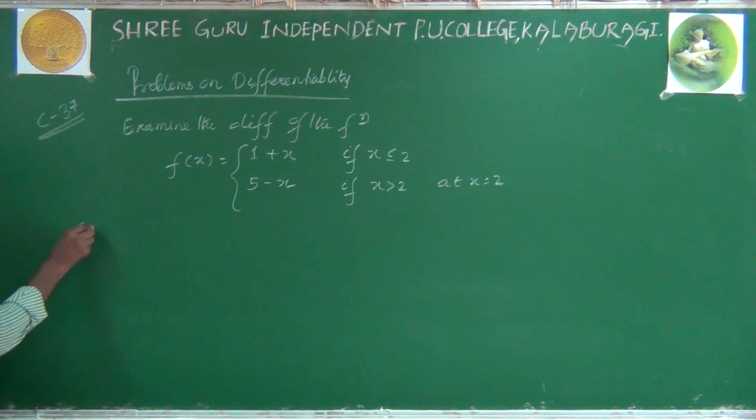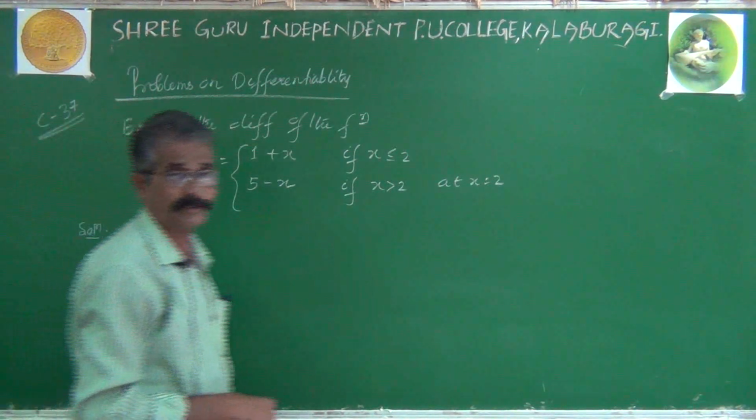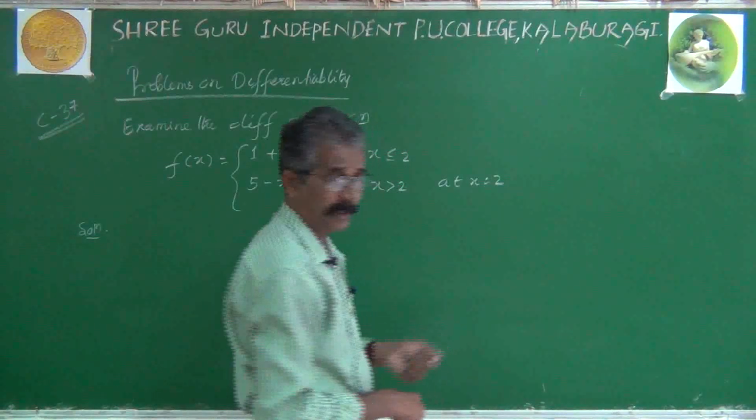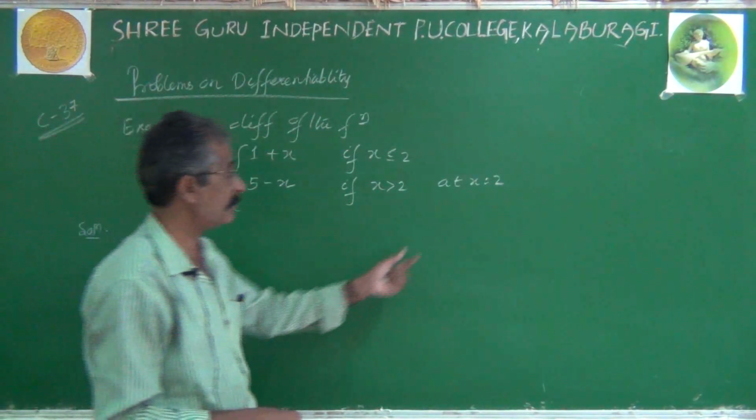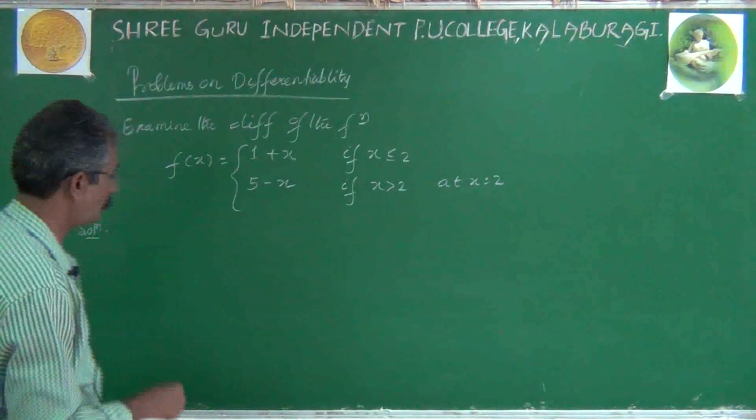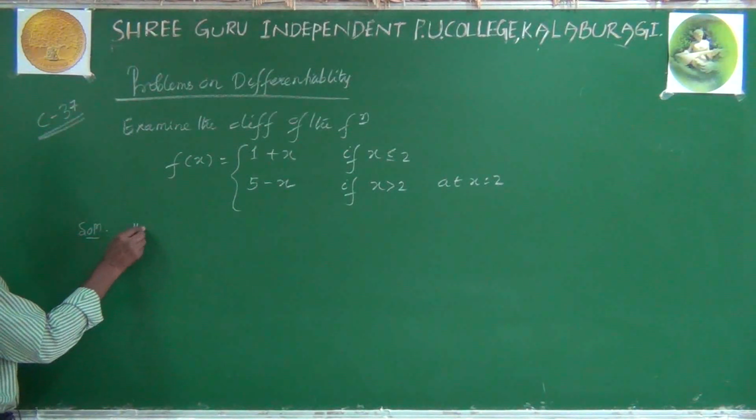Solution. We are testing for differentiability. So let's find the left hand derivative as well as the right hand derivative. Here a equals 2.